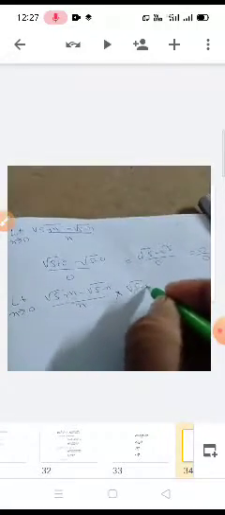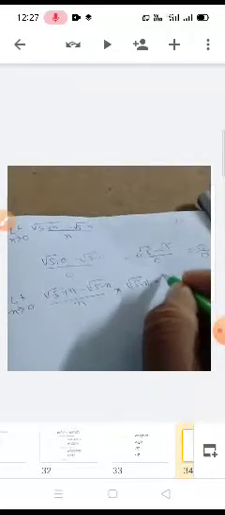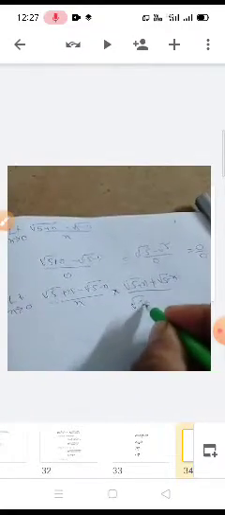Limit x tends to 0, (√(5+x) − √(5−x))/x, into (√(5+x) + √(5−x)). So here this one is a, this one is b, (a − b)(a + b).